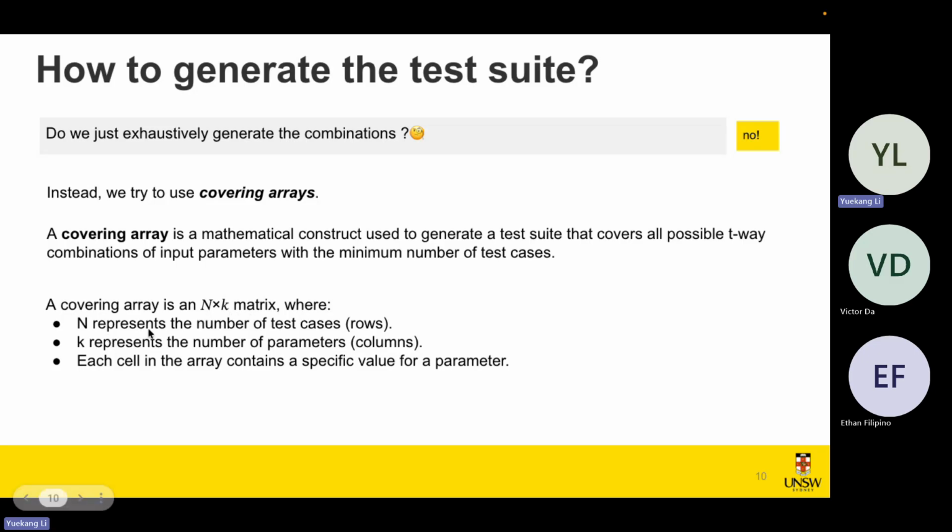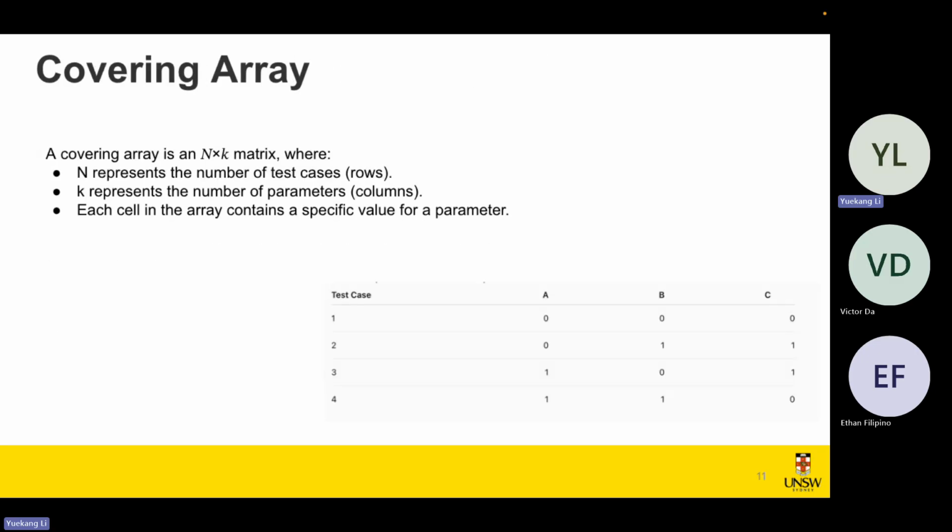The n rows are the number of test cases, so each row is a test case in a covering array. And the k columns each correspond to a particular parameter. And each cell inside this matrix is a specific value of a parameter.